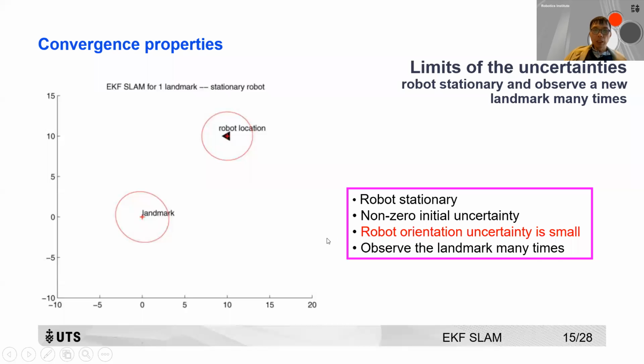But this is only true when the robot orientation uncertainty is small. So the robot stays here, observes the landmark many, many times. This is the uncertainty of the robot. And after many, many observations, the uncertainty of the landmark is the same as the uncertainty of the robot. But this is only the case when the robot orientation uncertainty is small.